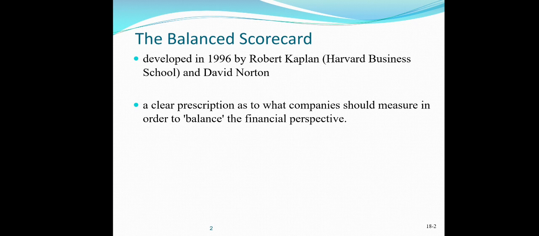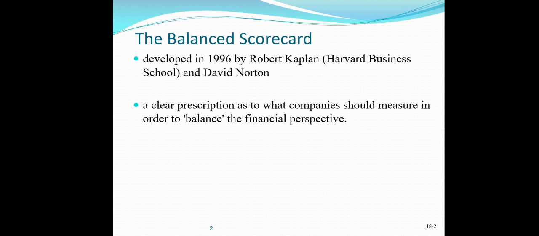So Kaplan realized that the success of a business is not only about the financial performance. The business has to also focus on some things or measures that cannot be evaluated using dollars and cents.